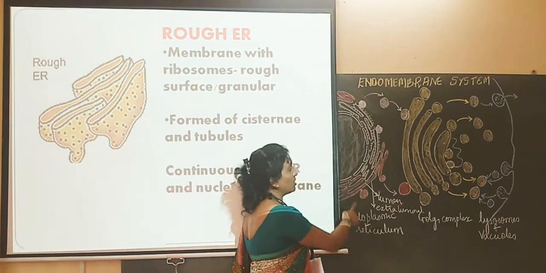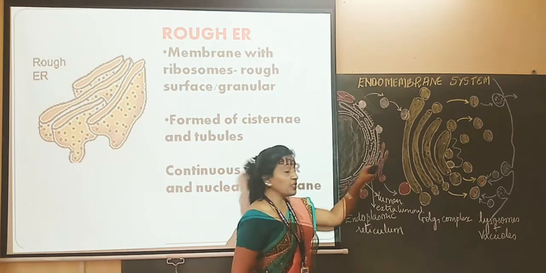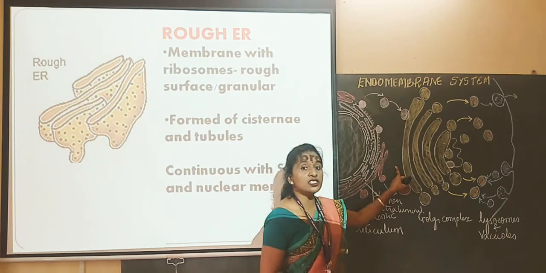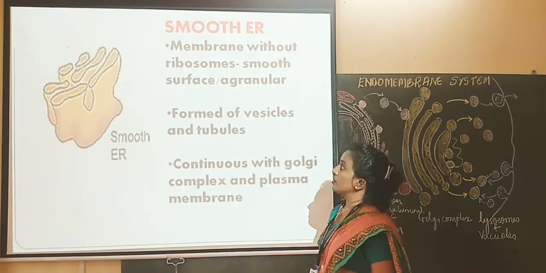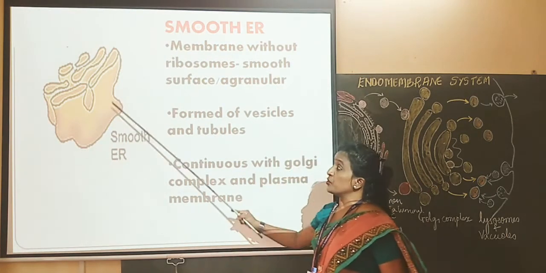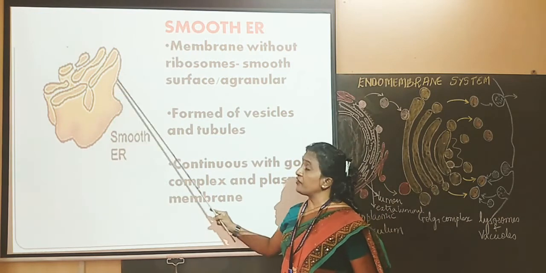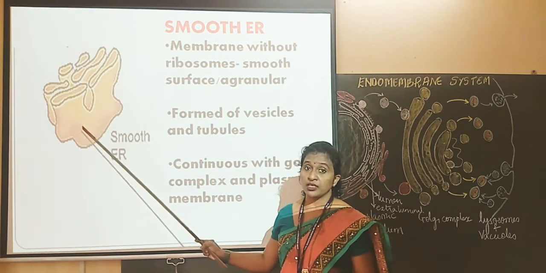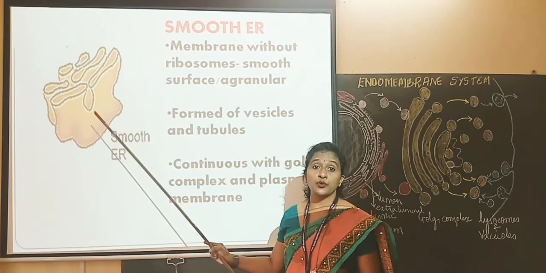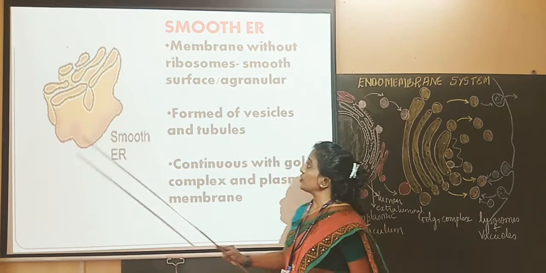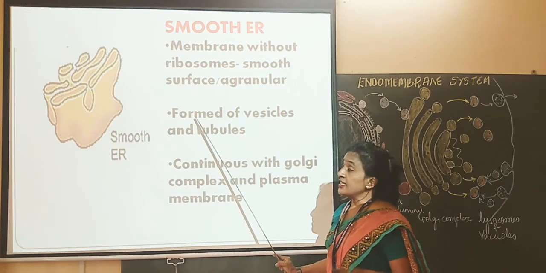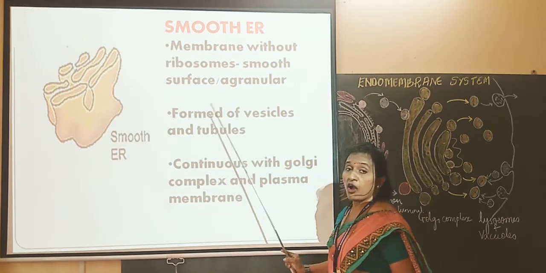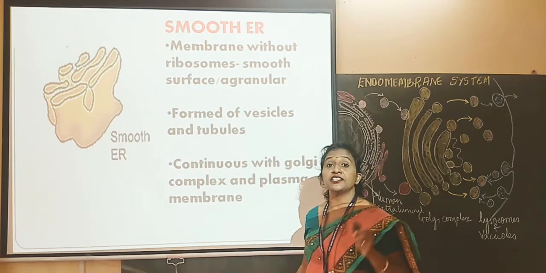Rough endoplasmic reticulum is associated with smooth endoplasmic reticulum and also the Golgi apparatus. Smooth endoplasmic reticulum, as we can see in this structure, is very smooth. That means they do not possess any ribosomes, therefore they are agranular type of membrane. Smooth endoplasmic reticulum is formed of vesicles and tubules.